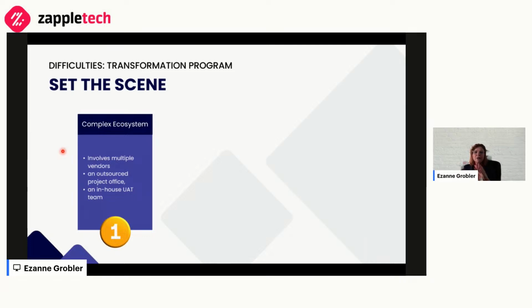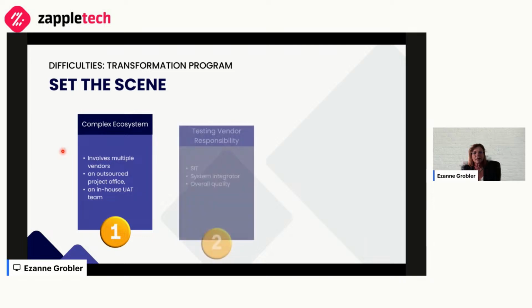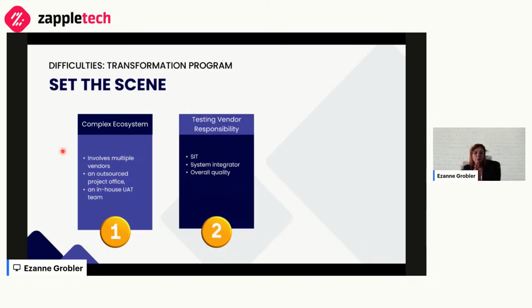On top of that, our client, a big insurance company in South Africa, thought it best to outsource not just the testing, but the project office as well, while keeping user acceptance testing in-house. They went out on a big tender, and IOCO was the lucky winner. We were originally given the responsibility of system integration testing, but there was a lack of a system integrator.